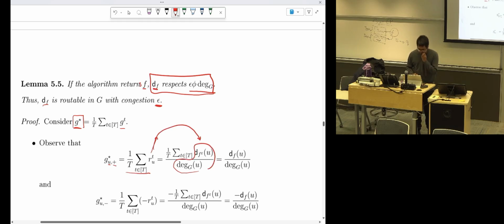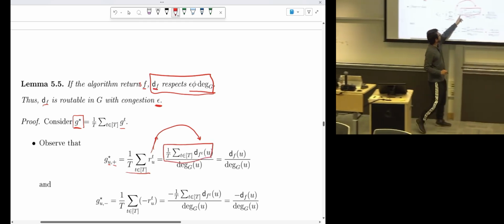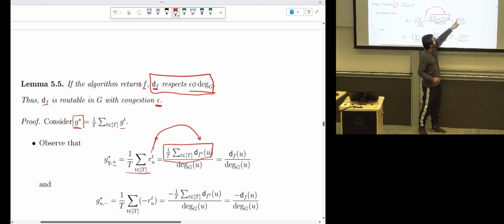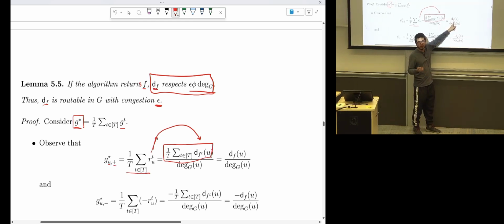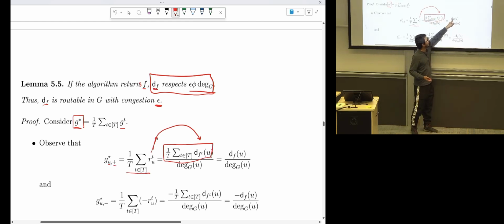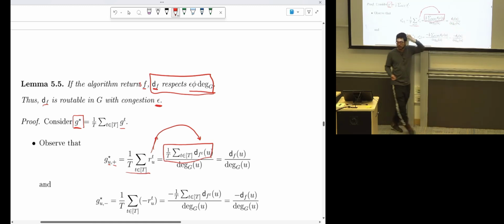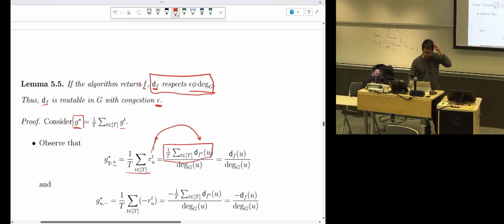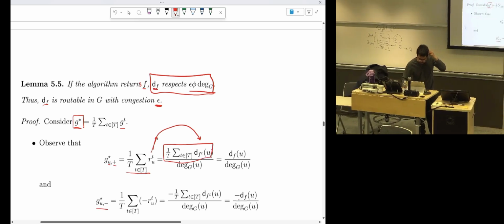And the sum, this is the average of the excess, which is the same as the excess of the average flow. F is our flow, which is the average flow. This is the average of the excess per round, which is the same as the excess of the average flow. And for the minus, this is minus here.